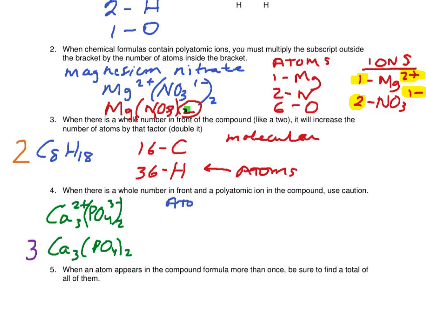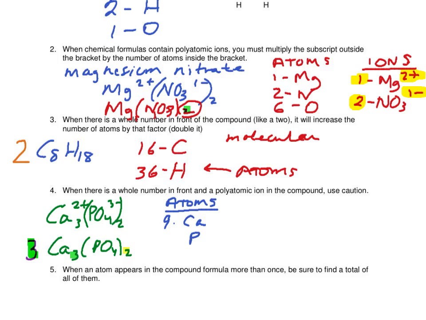So listing the individual atoms. We have calcium. So there's 3 calciums inside the formula times 3. That's going to end up giving you 9 calciums. In the chemical formula, there's phosphorus. So there's 2 phosphorus.